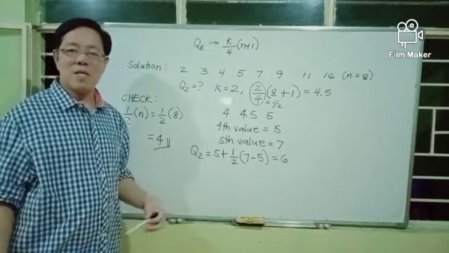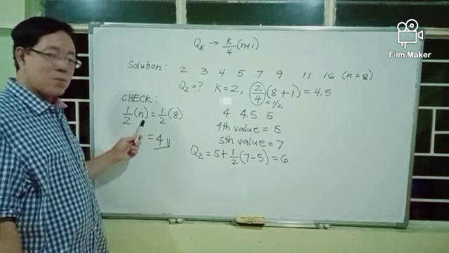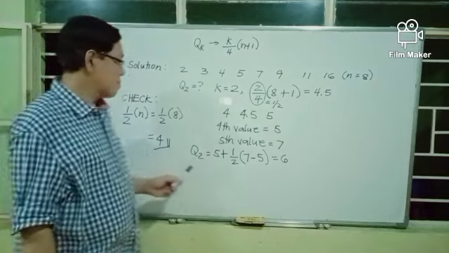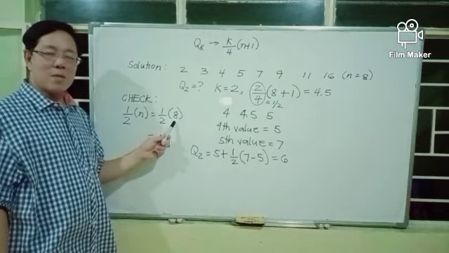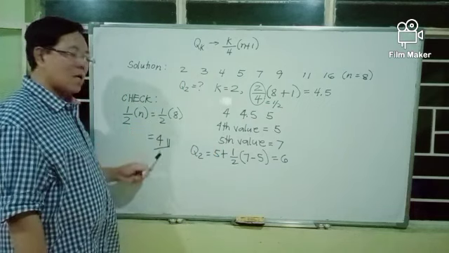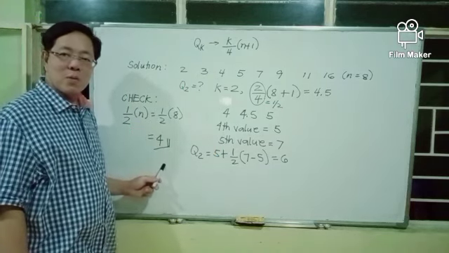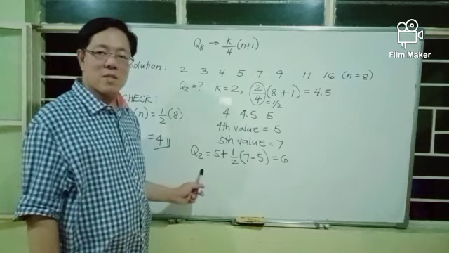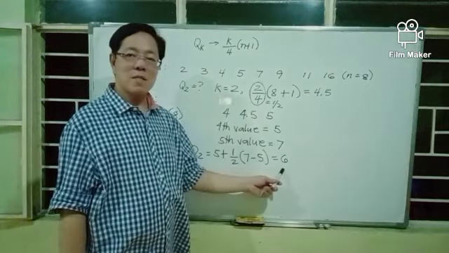So we compute 1/2 of n. 8 is the number of values, multiplied by 1/2 is 4. This means that at most 4 values are below the second quartile, or less than 6.